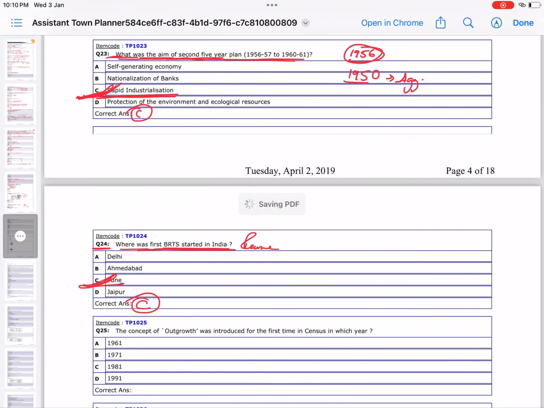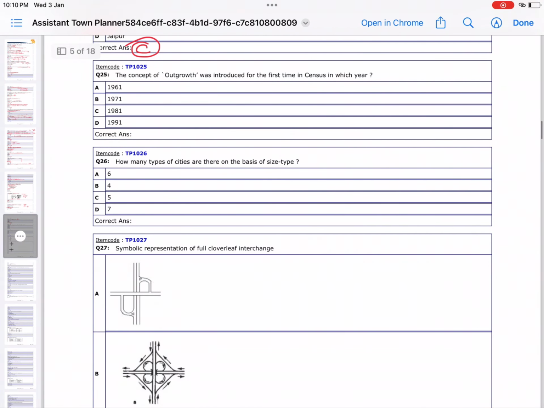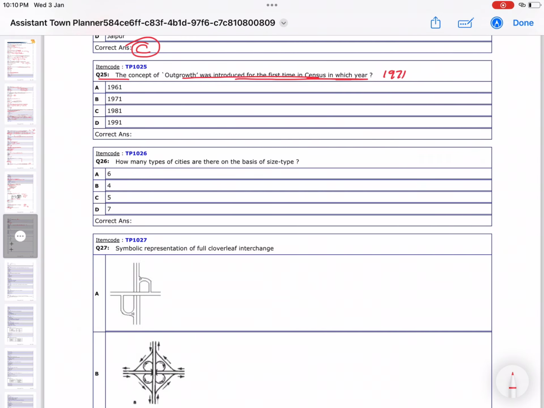Question number 25. The concept of outgrowth was introduced for the first time in the census in which year? It was introduced in 1971. Question number 26. How many types of city are there on the basis of size?